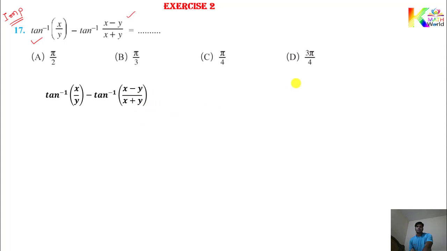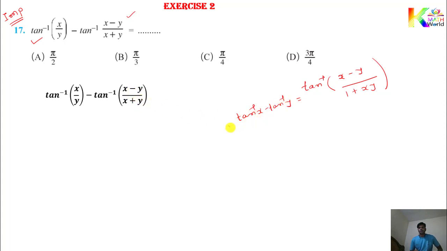Okay, whatever formula you have, if you remember the formula properly, then you have a formula for this one. What is the formula? Tan inverse x minus tan inverse y. You have the formula for this one. What is the formula? Tan inverse x minus tan inverse y. In numerator you can see subtraction is there.